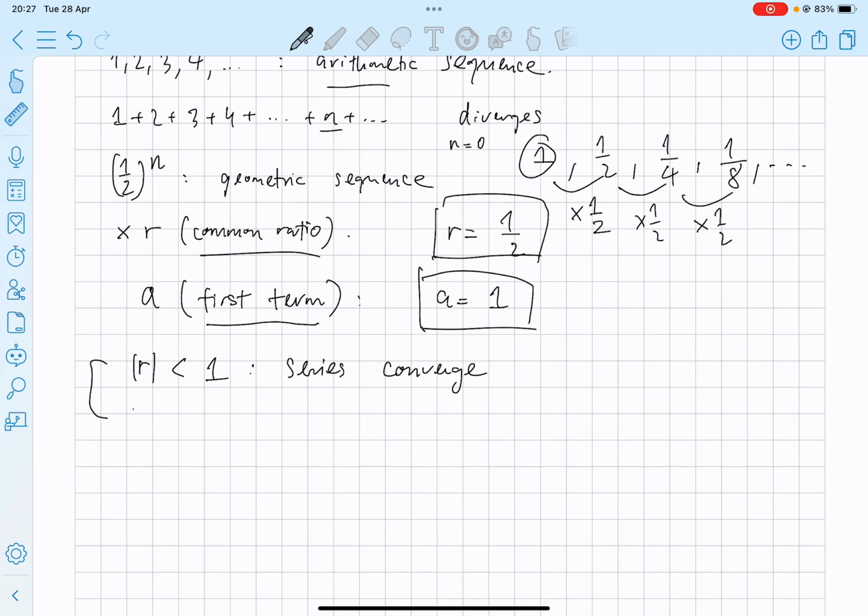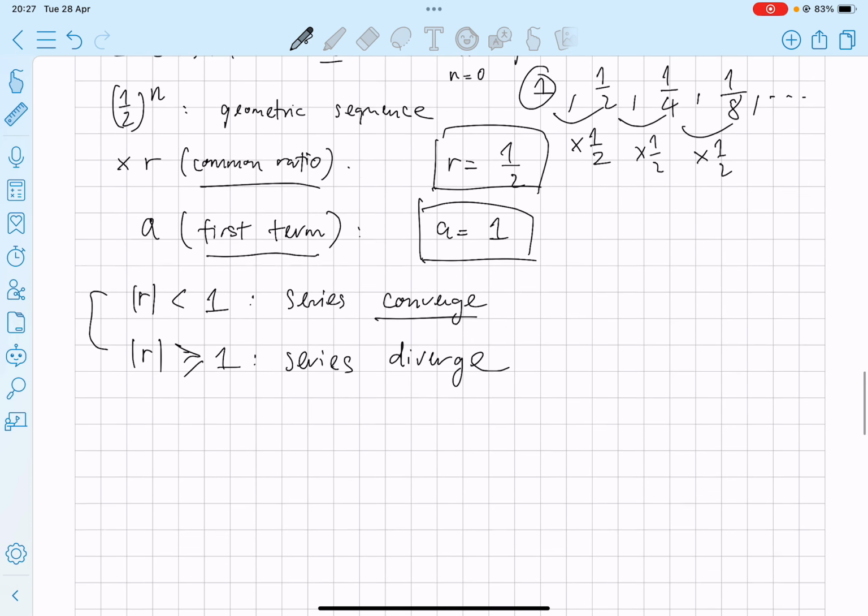On the opposite side, if your absolute common ratio is greater than or equal to 1, it's gonna give you a divergent series. Divergent means it's not gonna converge to any finite number, but a convergent series converges to a finite number.